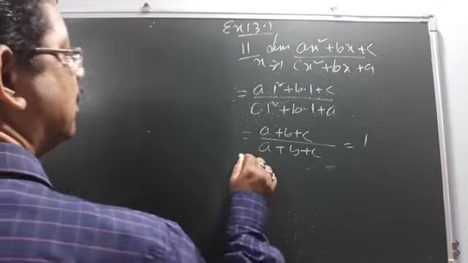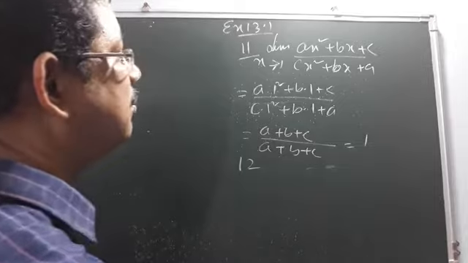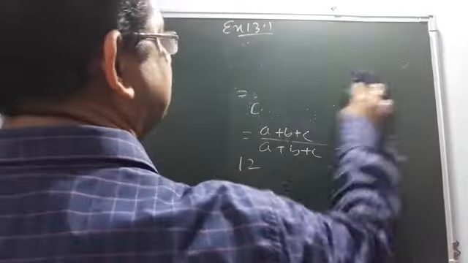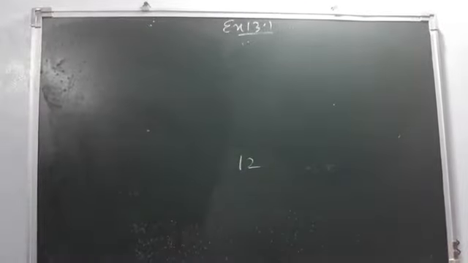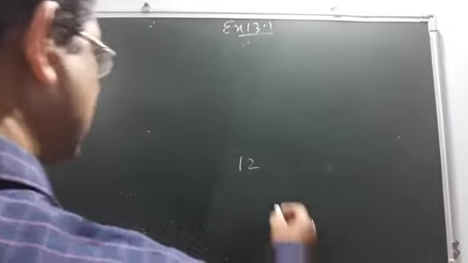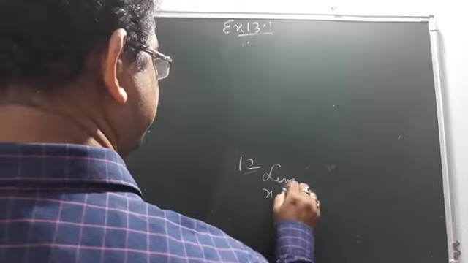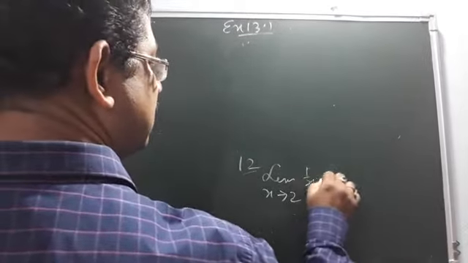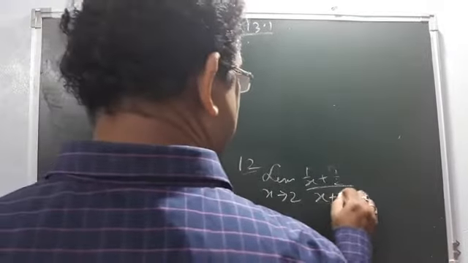Now question number 12. Students, nothing, just we have replaced all the values and we get the answer. Now question number 12. It is limit x tends to 2, and in the numerator it is 1 by x plus 1 by 2, denominator it is x plus 2 only.